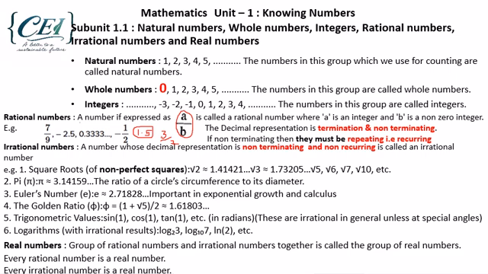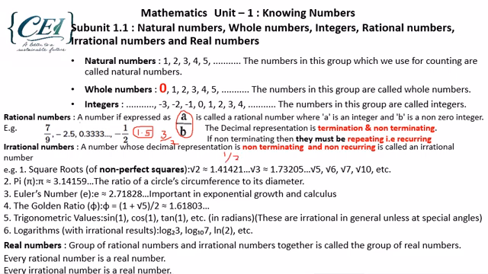Now I will explain irrational numbers. What are irrational numbers? The numbers whose decimal representation is non-terminating and non-recurring. Non-terminating and non-recurring means, suppose we divide 1 divided by 3.